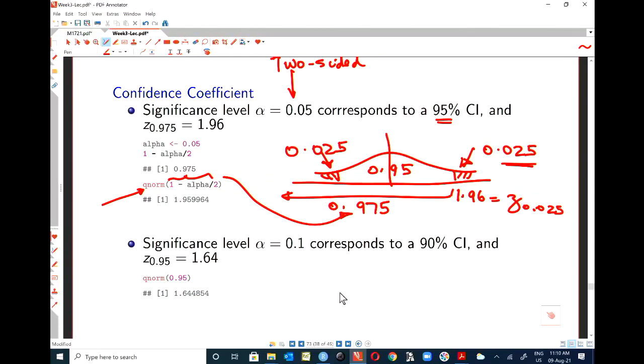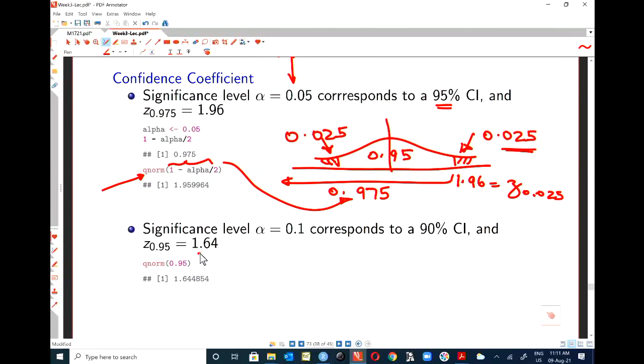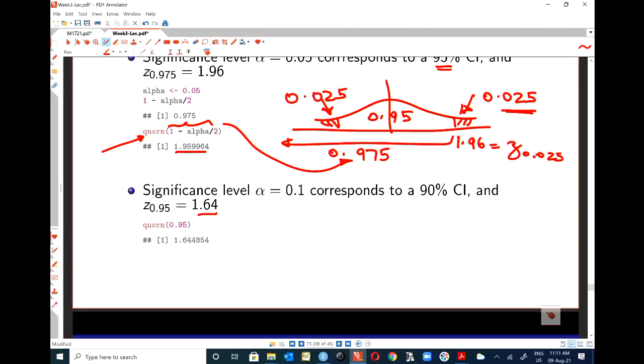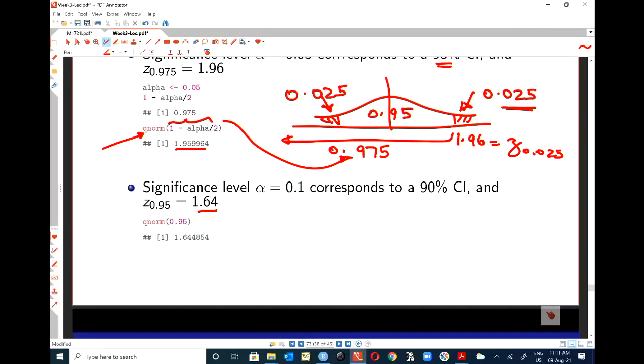If I make this 10%, the number I get is 1.64. So it's 95% here, or taking a look at the tails as 0.05, the value is 1.96. If I make it 0.1 in the tails, in other words, then I've got 0.95 in the formula there.